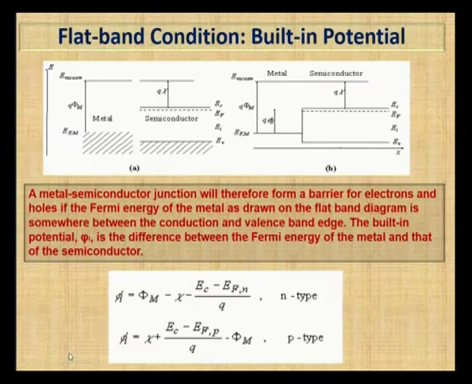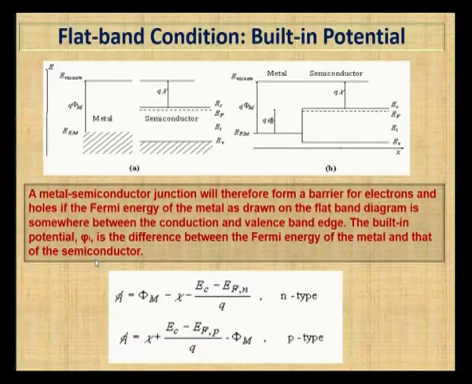Next, another thing that we are going to find out from the flat band condition is the built-in potential. Due to this contact, there is a potential created in the barrier. How are we going to know the barrier potential? With the help of a formula we can find it, where the built-in potential is represented by phi I. It is the difference between the Fermi energy of the metal, phi m, and that of the semiconductor.